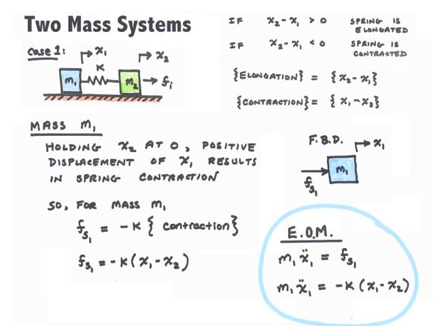So Fs1, if it was positive, would result in positive acceleration. Now, substituting in for Fs1 our equation, Fs1 equals minus k times x1 minus x2, I find the equation of motion m1 x1 double dot equals minus k times the quantity x1 minus x2.